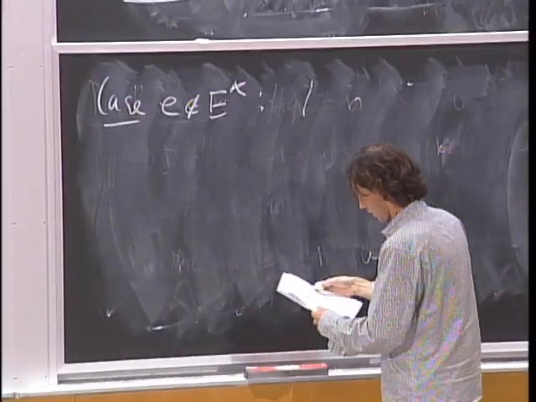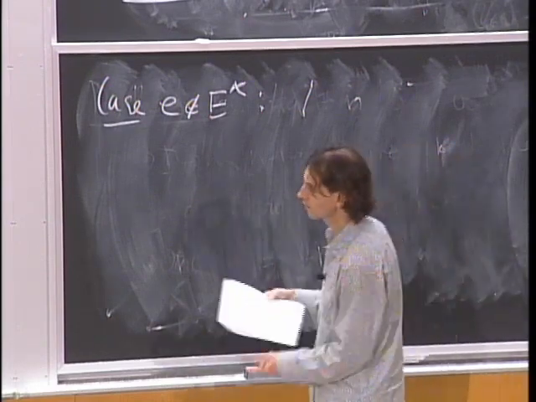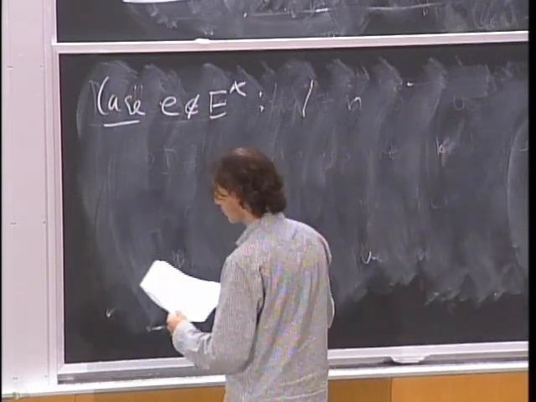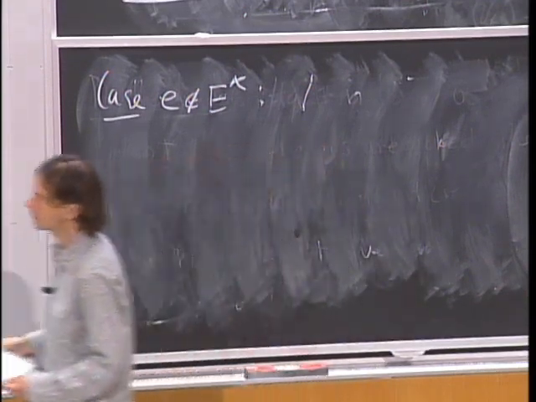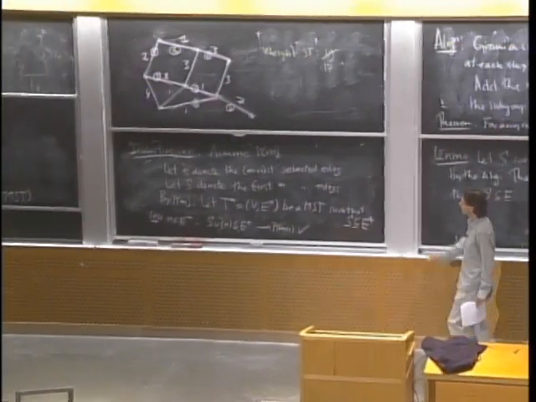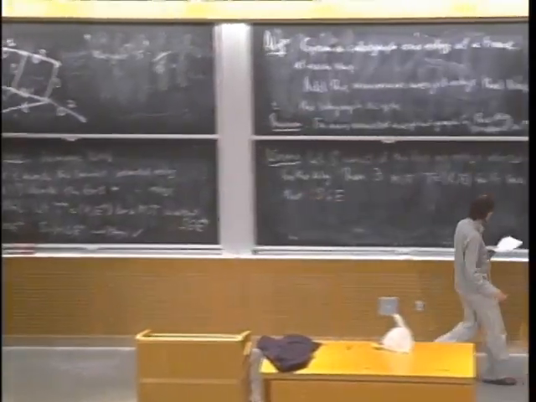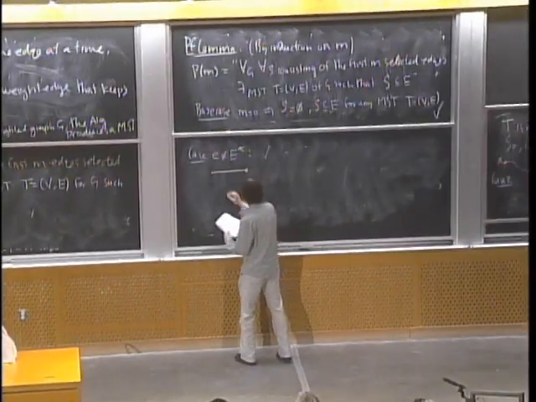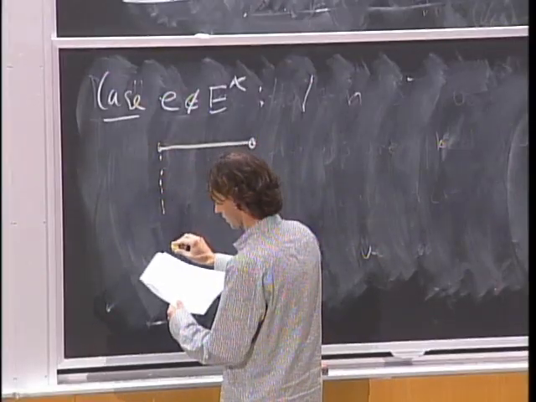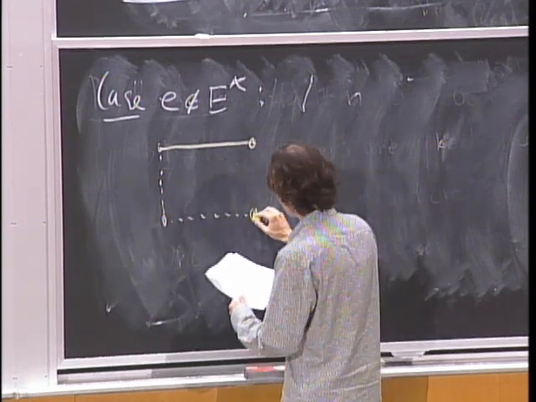So let's have a look at that graph up there. Let me rewrite it a little bit, and let's look at what happens in the algorithm after 2 steps. So I'll redraw the graph. So we have, say, these edges.